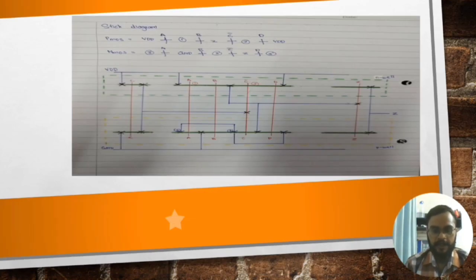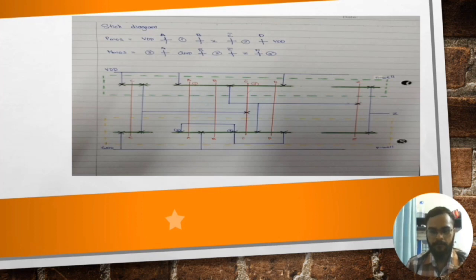This is our stick diagram for the layout of this mini project. Before we go into the stick diagram, we need to know that stick diagrams are the basic guideline for our transistor layout. First, for the PMOS part, VDD is connected, and for the NMOS part, ground is connected.